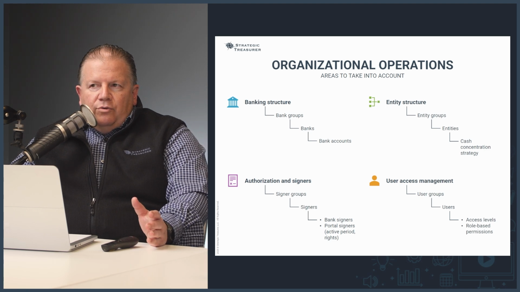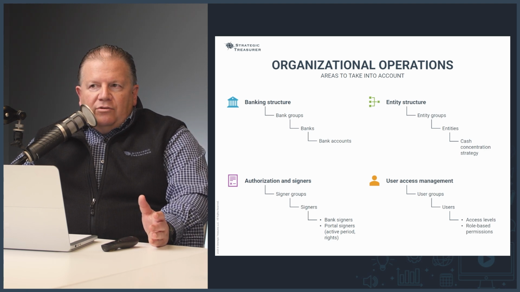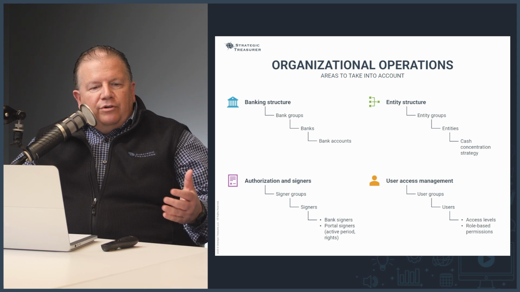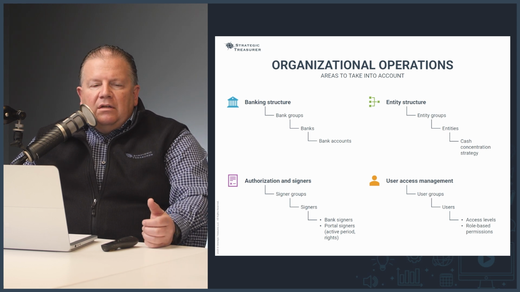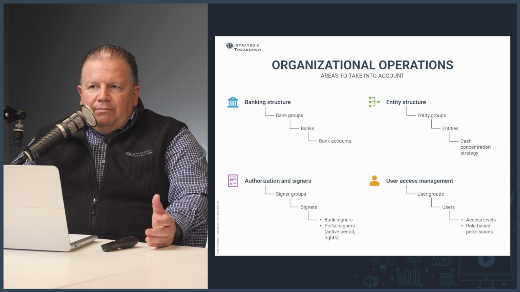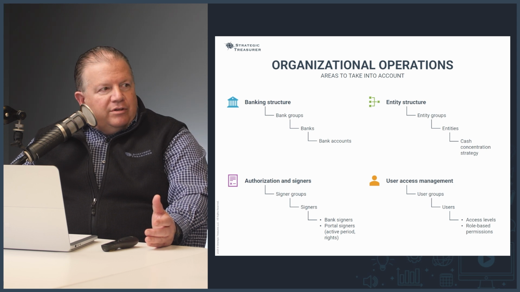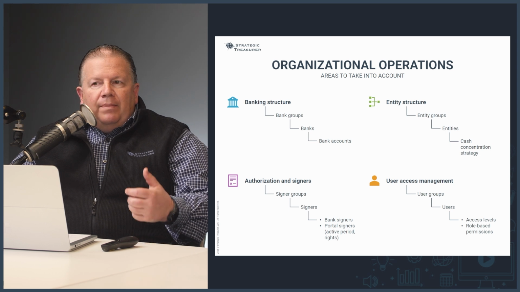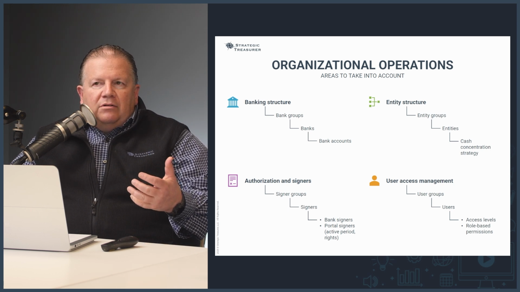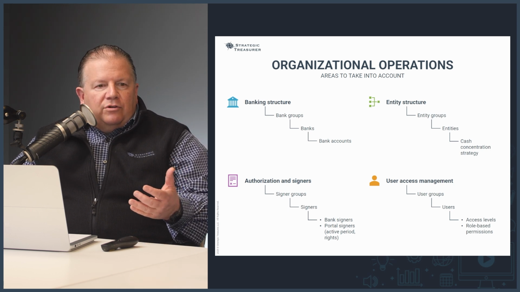I'm not sure. As you were talking through these dimensions of the banking structure, the entity structure, users, those are all different ways that we can flip how we look at things. And I think it's important that we know that there's some complexity to it. Yep. It's not just, I have one account, one service, one person. You want to put this in place so that there's good visibility, there's control.